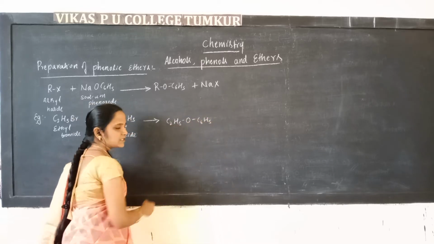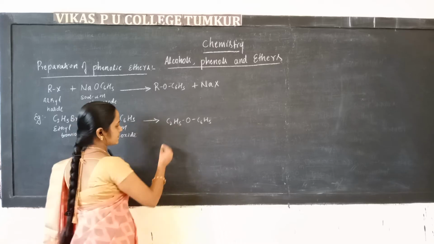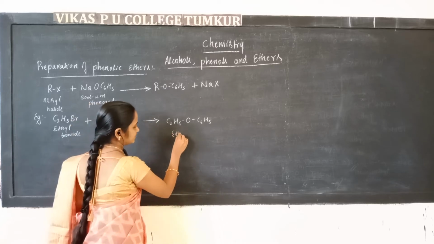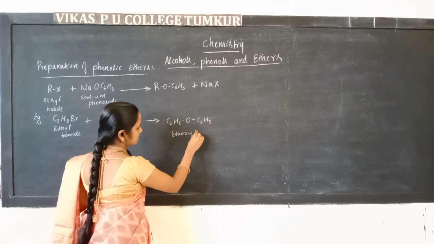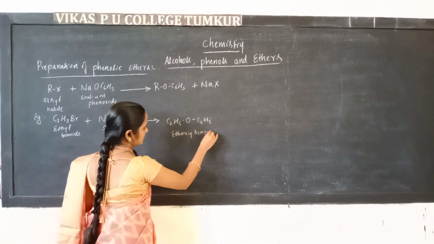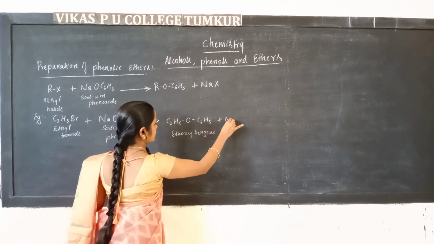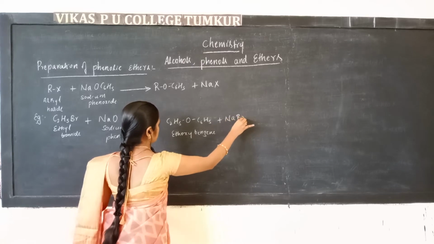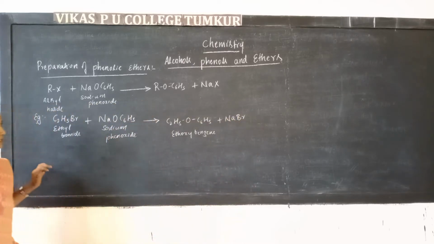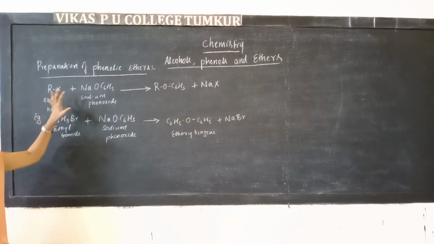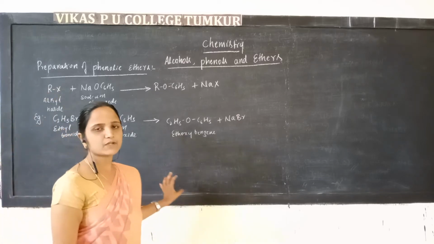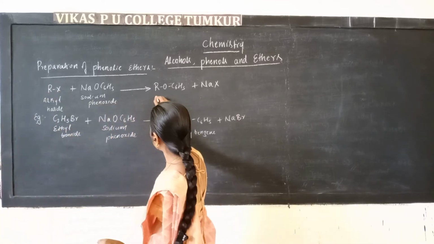The name of this compound is ethoxybenzene, plus NaBr, sodium bromide. This is the preparation of phenolic ethers.